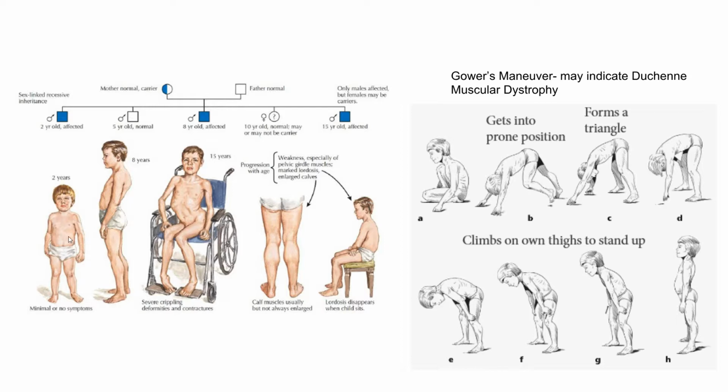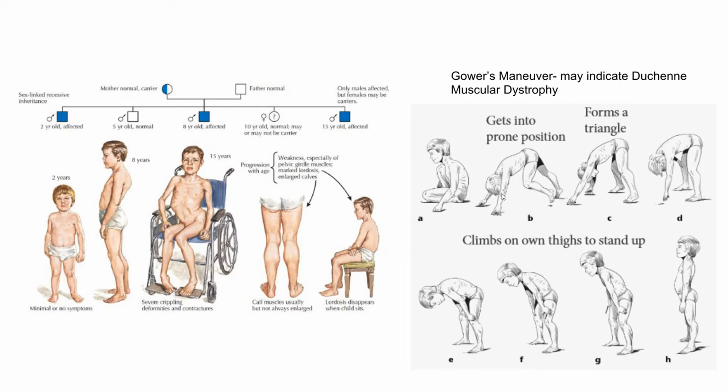it's an inherited disease, so it would be classified as congenital. If a parent is a carrier of that gene and it's passed on to the child, you may not see any symptoms for a while, but as the child ages, the muscular dystrophy will start to manifest and afflict the child or the individual.